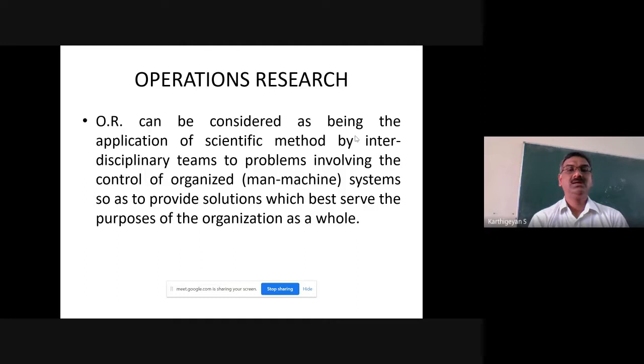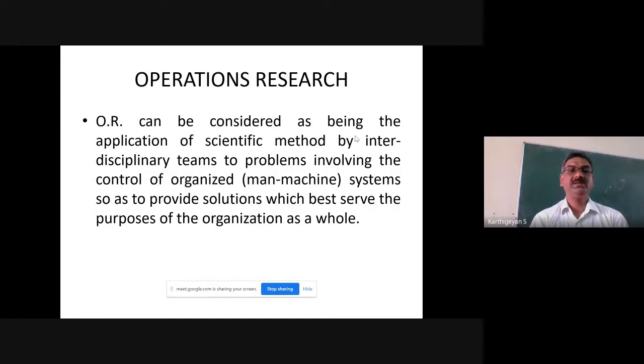So it's an interdisciplinary subject actually. Operations research is not only basic mathematics. It started from basic mathematics, applied mathematics, with application to all the fields. Not only in management, we are going to discuss some fantastic examples in management which are directly applicable by operations research tools.